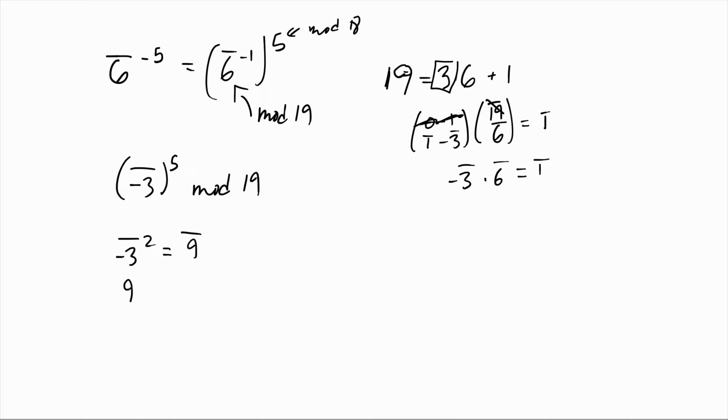We're working mod 19. Now we could think 9 bar, or we could even think 9 bar is -10 bar, if you like that better. I don't know, we could try it. So we have -10 bar, and then we can square that.